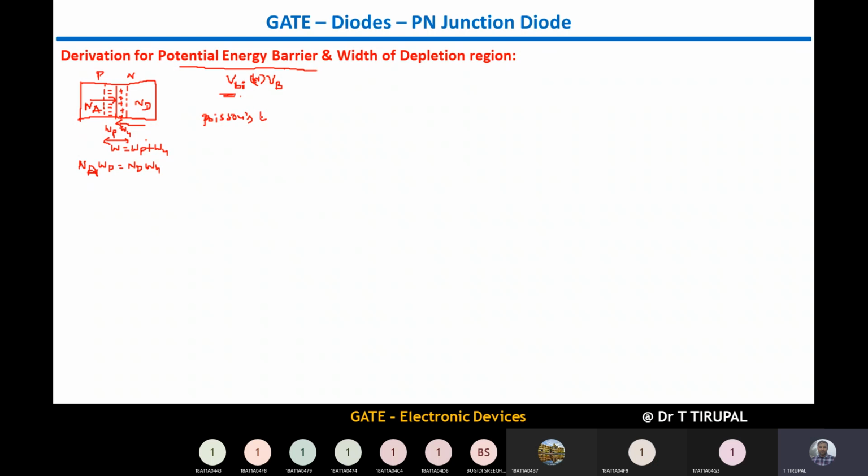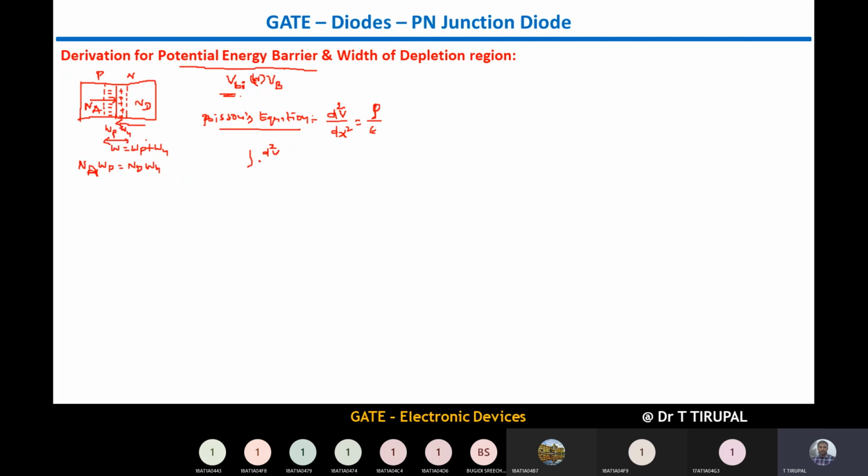According to Poisson's equation, we have an equation d square V by dx square is equal to rho by epsilon, right? From this equation, let us prove the potential energy barrier. So first, integrate this Poisson's equation on both sides. What do you get?